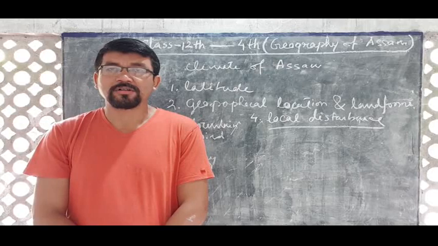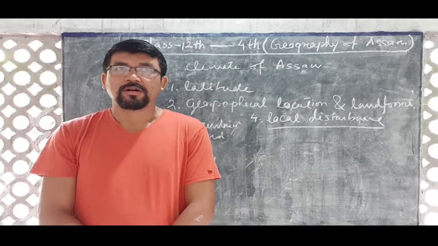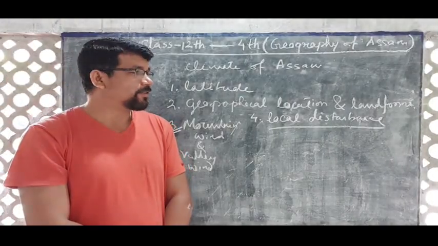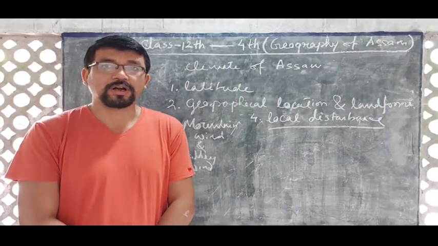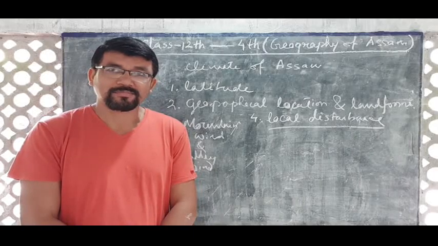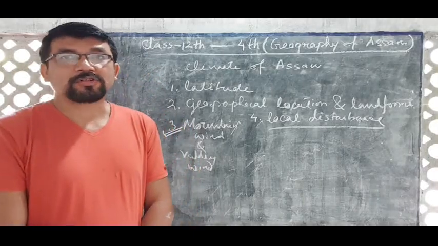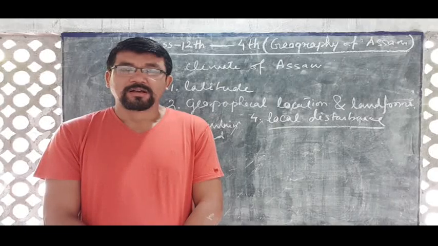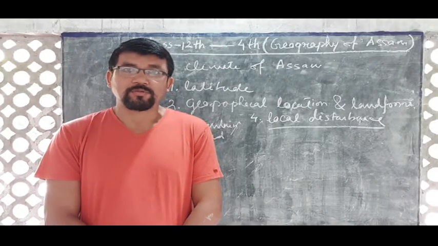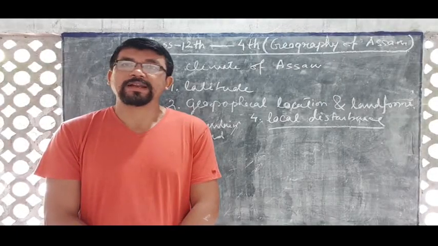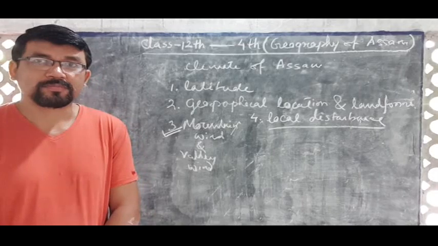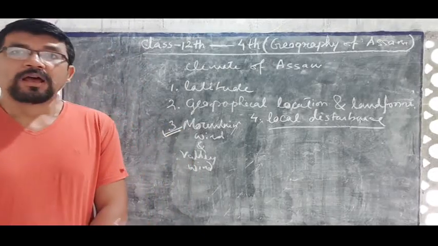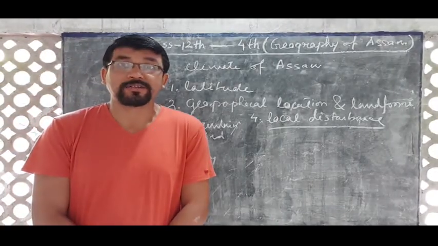Local means sthaniya. Disturbance is what it says: a disturbance that occurs locally. Why? You know, Assam has lots of rivers: the Brahmaputra, one of the largest rivers in the world, and its huge number of tributaries, lots of beels, lakes, and you know, Northeast India is a very dense forest region.